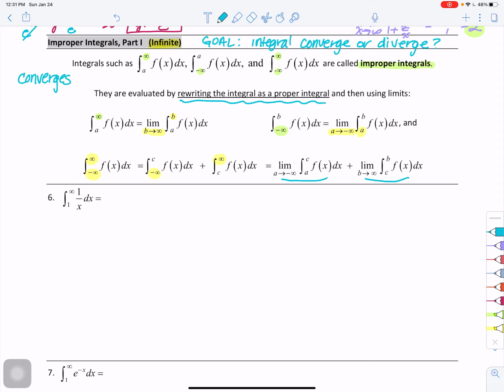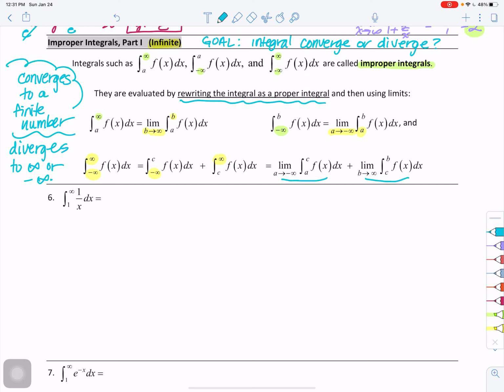It will converge to a finite number. If not, it will diverge, if it diverges to either infinity or negative infinity. Okay, I will explain that as we get there, but that's our ultimate goal. That's why we're doing what we're doing.